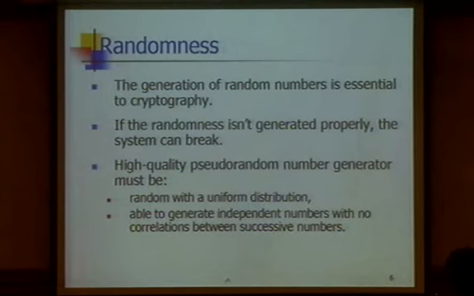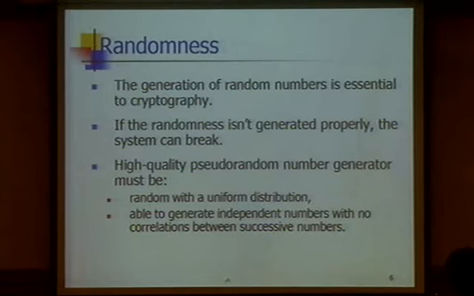This picture shows a C code of the pseudo-random number generator of Netscape web browsers. As you can see, this code uses time of day, process ID and parent process ID as a seed value of the pseudo-random number generator.